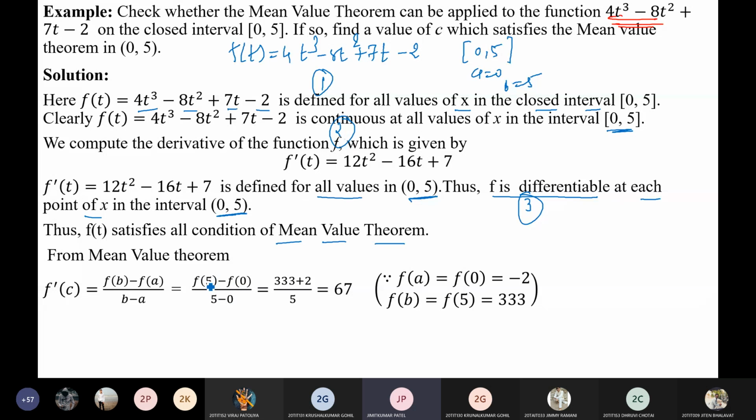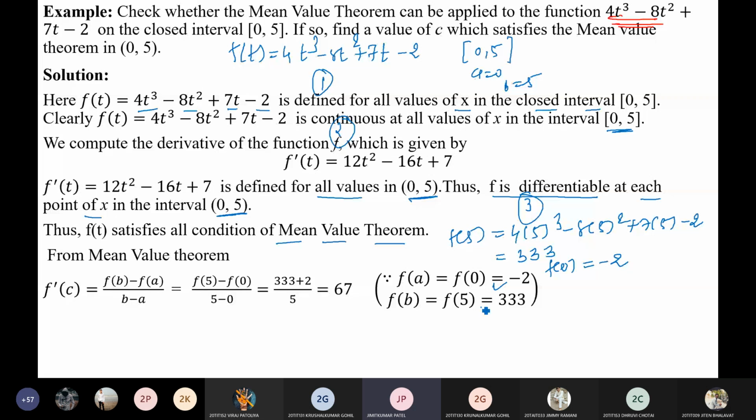Now what is my f of 5? f of 5 equals 4 times 5 cube minus 8 times 5 square plus 7 into 5 minus 2, which gives me 333.